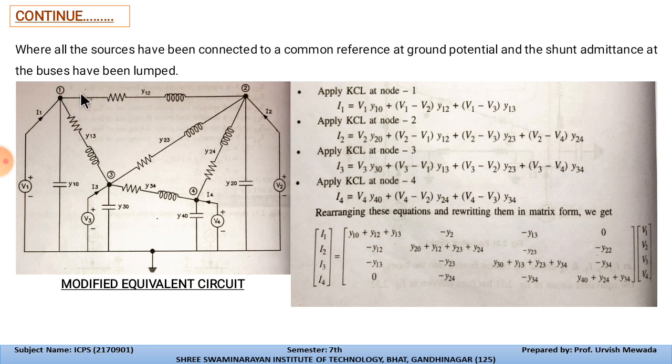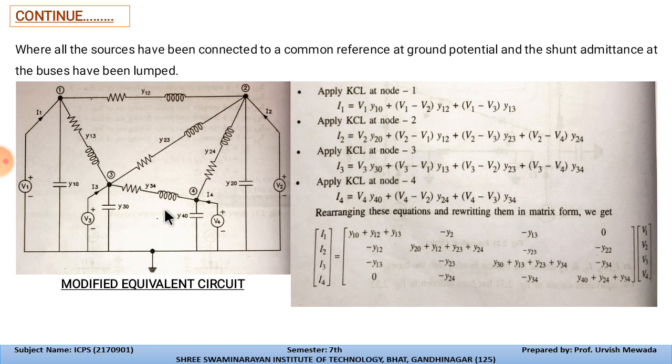Similarly, between 1 and 2 we have the admittance, which is the reciprocal of the impedance. So the impedance is R plus jX and y12 is indicated as 1 upon R plus jX. So this is the admittance between node 1 and 2, y12. Similarly node 1 and 3 it is y13, node 3 and 2 it is y23, 3 and 4 is y34, and 2 and 4 is y24.